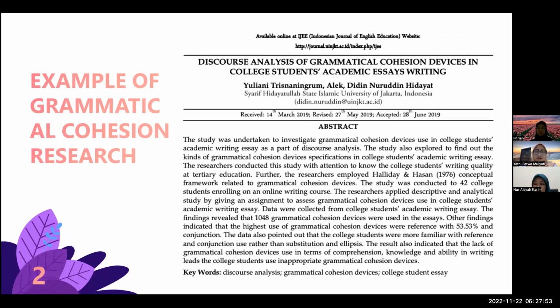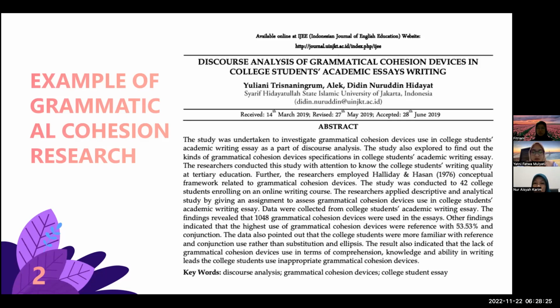Okay, the next example is also from our lecturer: discourse analysis on grammatical cohesion devices in college students' academic essay writing. So in this research, the third step, identifying the types of grammatical cohesion, shows the reference with 53% and the conjunction.